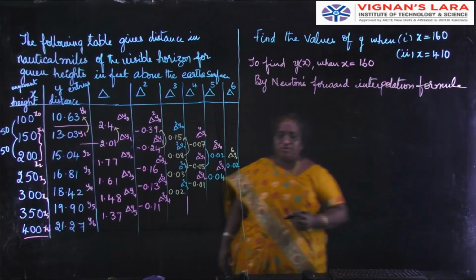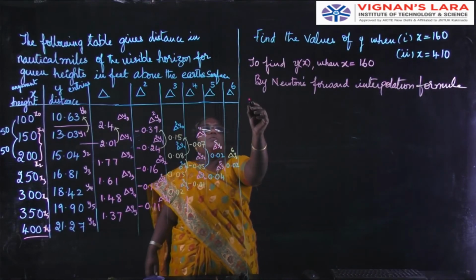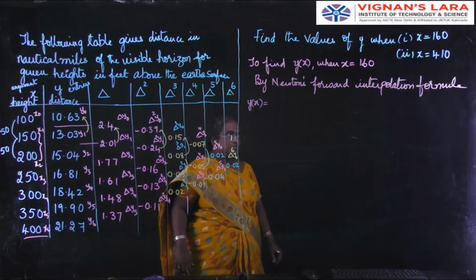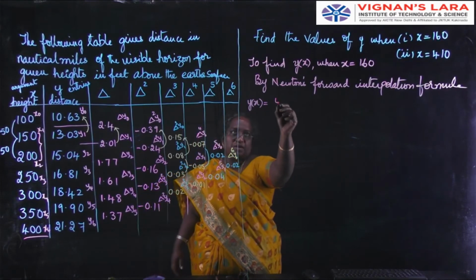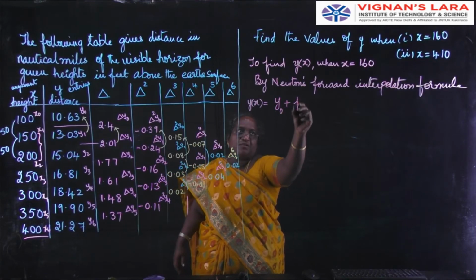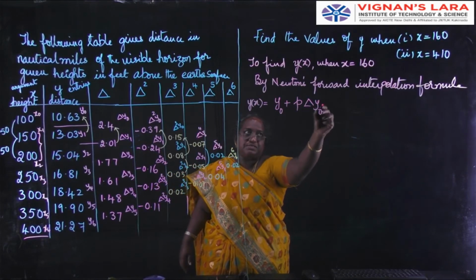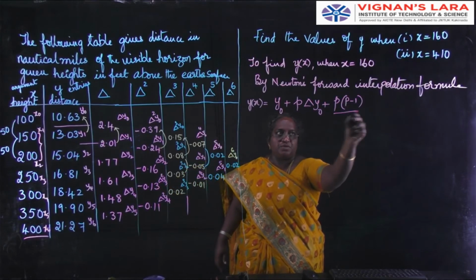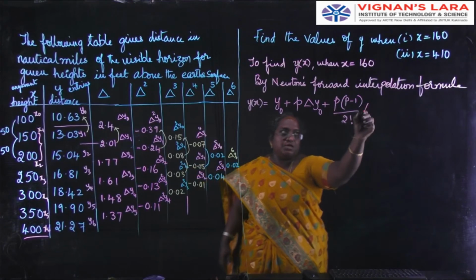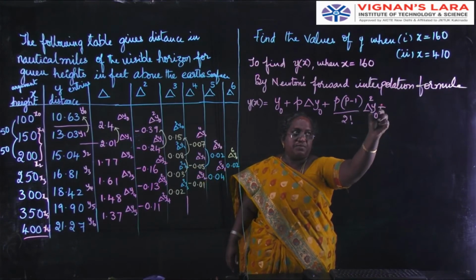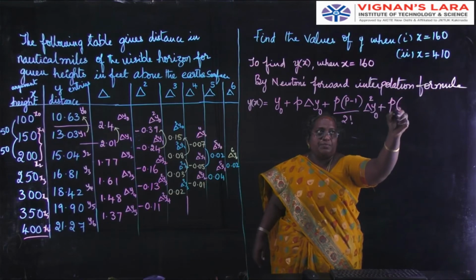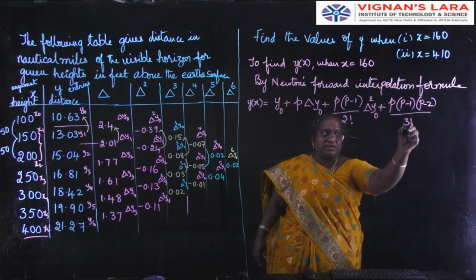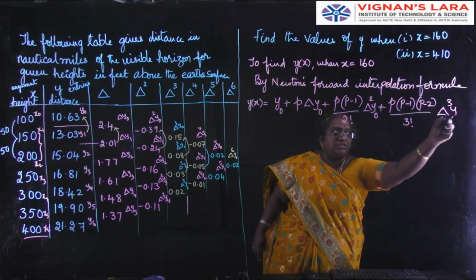So what is that formula? Y of x, or even you can call it f of x, is equal to y naught plus p del y naught plus p into p minus 1 by 2 factorial into del square y naught plus p into p minus 1, p minus 2 by 3 factorial into del cube y naught, and so on.